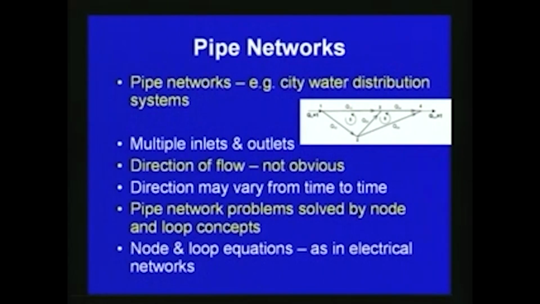In an electrical system, a number of wires are connected together to form a network. This pipe flow system is very similar to an electrical network.